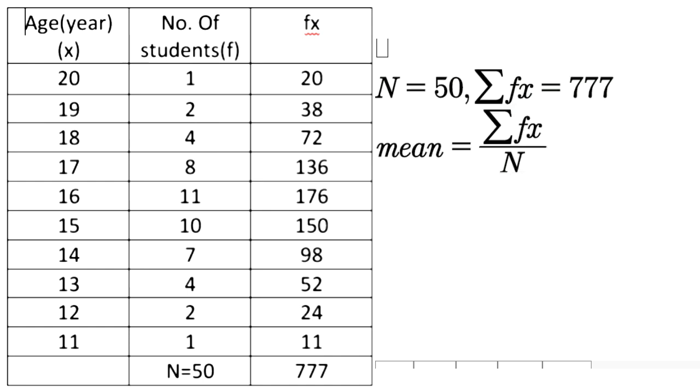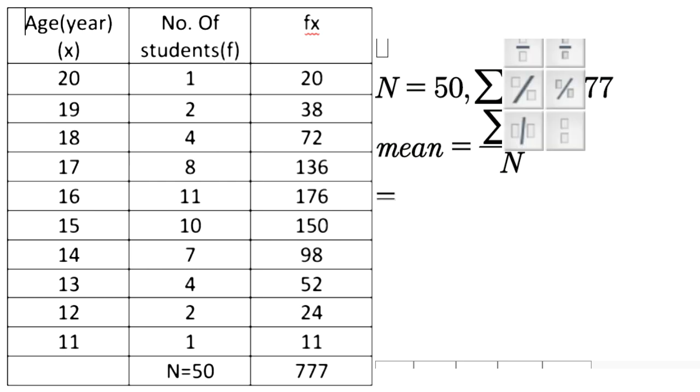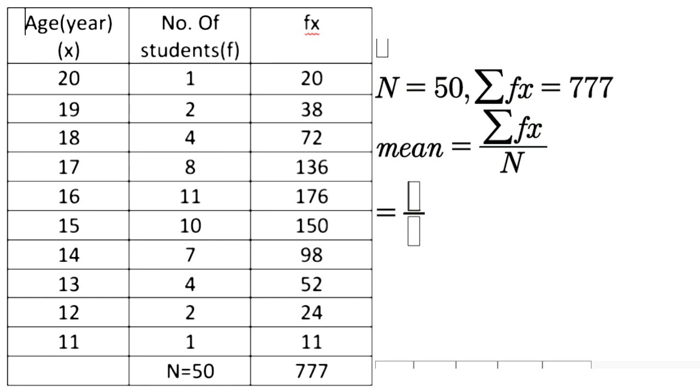We substitute the values here. Summation of fx equals 777, and n equals 50. So the answer equals 15.54.